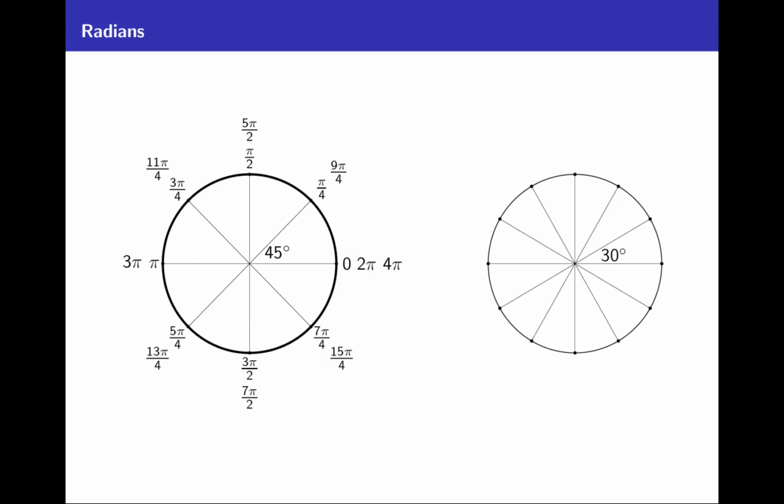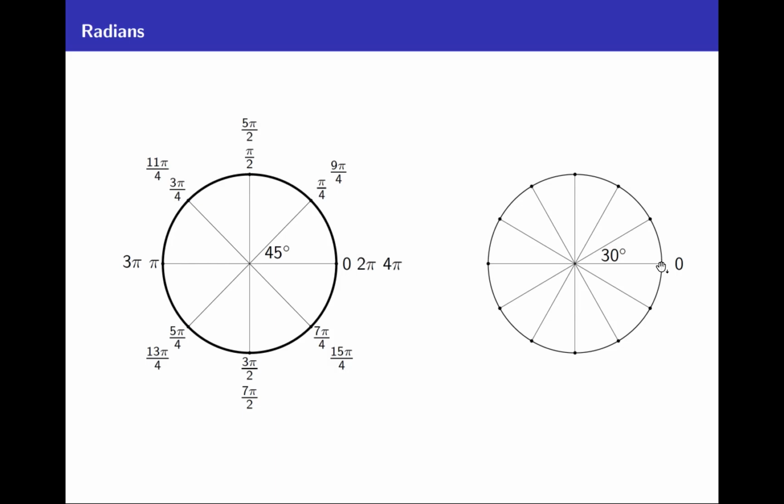Let's also divide the unit circle into multiples of 30 degrees, and that's going to cut the unit circle into 12 slices. So here's 0 radians right there as before.